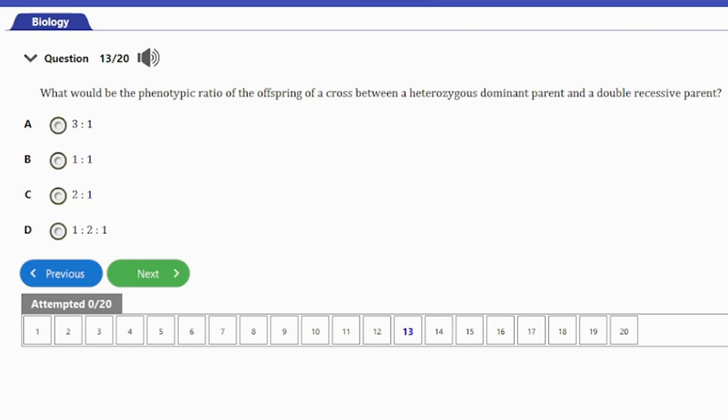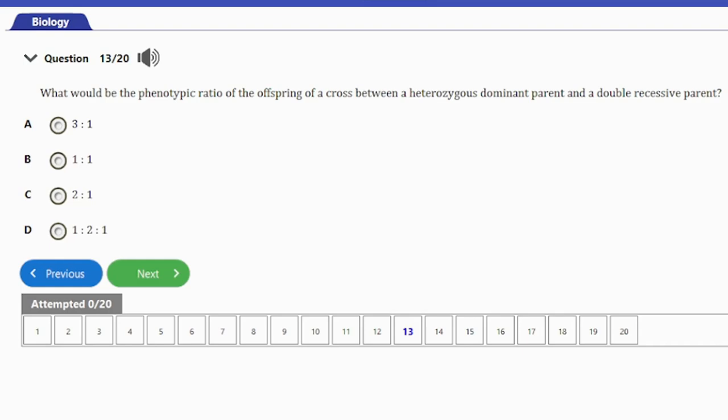So guys, considering this question here, the question actually says what will be the phenotypic ratio of the offspring of a cross between a heterozygous dominant plant and a double recessive parent.